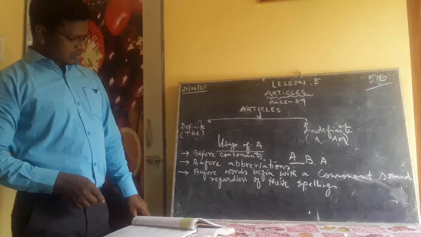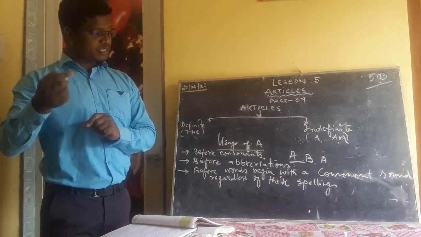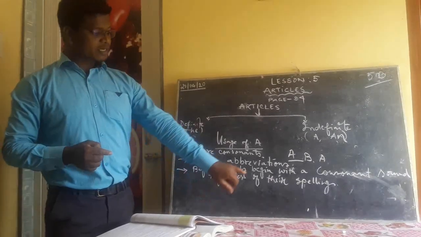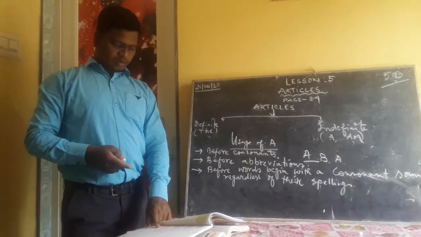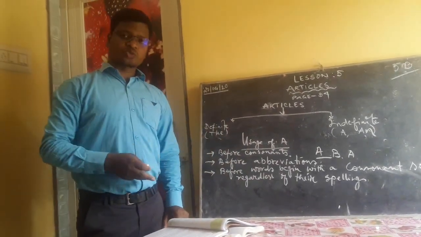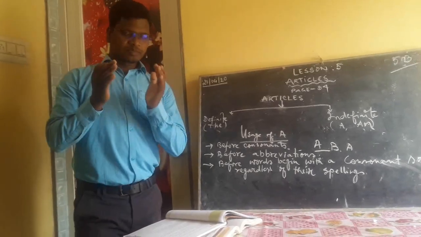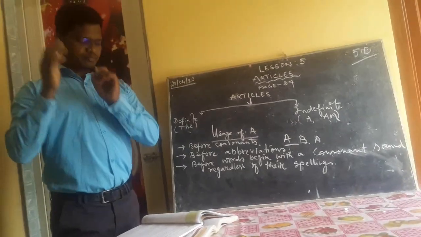Next we have words that begin with consonant sounds regardless of their spellings, as I've already told you. Here it says you need to remember two things. Which are those two things? The pronunciations, like "you" and "wa".